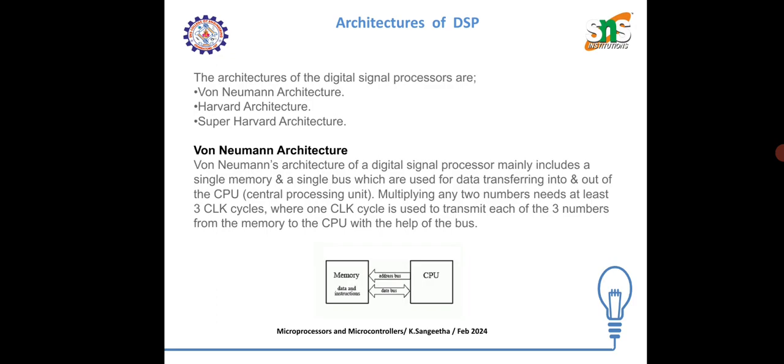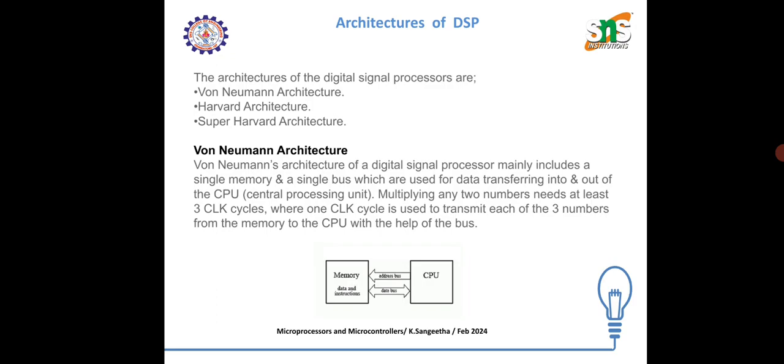Now let us move on to the architecture of DSP. There are three types of digital signal processor architecture: one is von Neumann architecture, another is Harvard architecture, and the third is super Harvard architecture. First we will see von Neumann architecture.